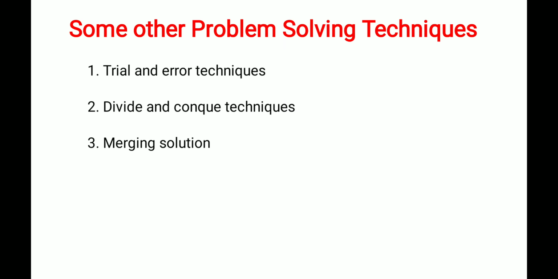Whenever we convert any problem to a program, we have to follow 5 steps: what exactly the problem is, analyze the problem, steps for solving the problem, and then we'll go for algorithm, data structure, and then the actual designing of the program.